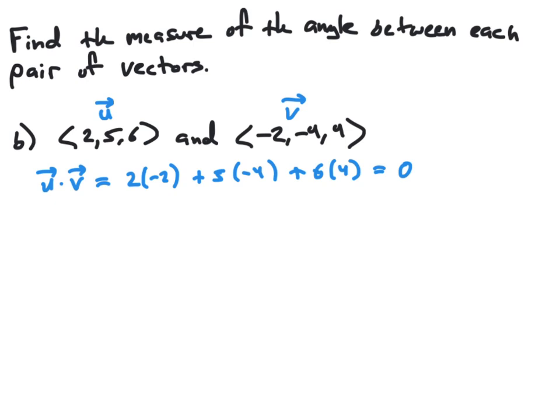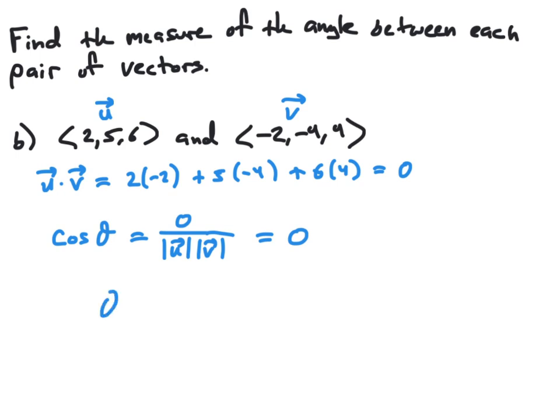And actually, at this point, we realize we don't need to find the magnitudes of our vectors, because the cosine of our angle, which again we'll call theta, will be 0 divided by the product of the magnitudes of our vectors. And regardless of what the magnitudes of u and v are, since they're non-zero numbers, the cosine of our angle theta will be 0.